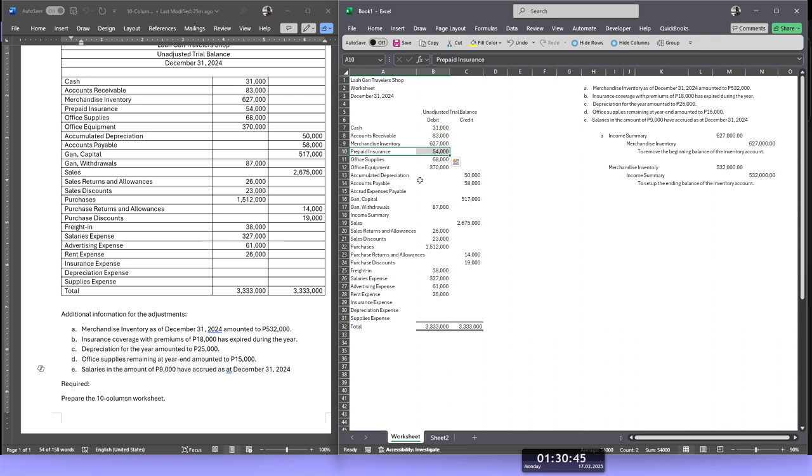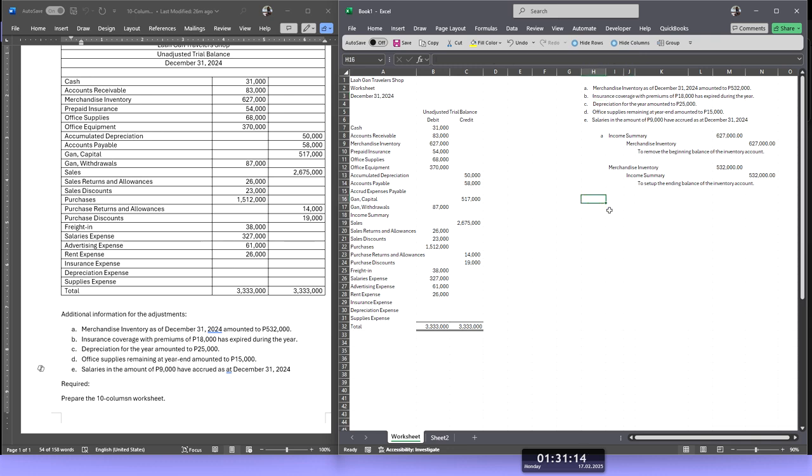So 18,000 of the 54,000 prepaid insurance during the year has become an expense. Prepaid insurance was recorded using the asset method. Under the asset method, the adjusting entry is to recognize the expense or expired portion. The expired amount is already given here.